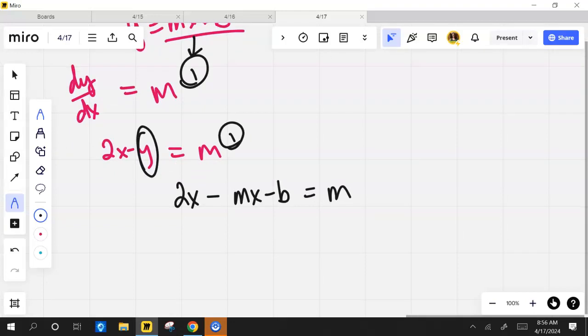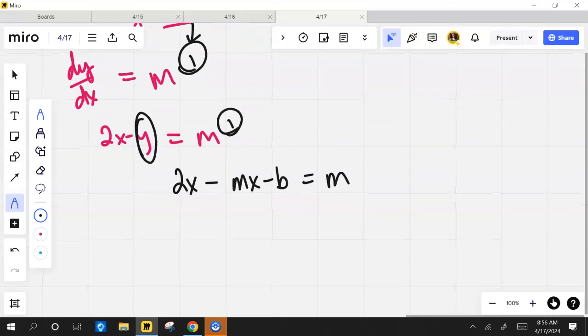They went way further than what I did. I put like terms on the same side. I kept the x's over here, I moved that b over there, and I factored out an x. And I said x times 2 minus m equals, I added that, and here's where I stopped. Because I said, there's no way. This is not working. There is no way you can get an answer.